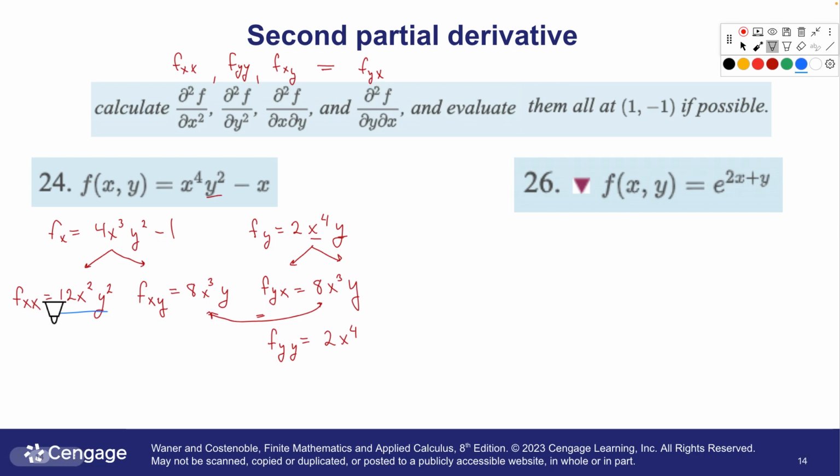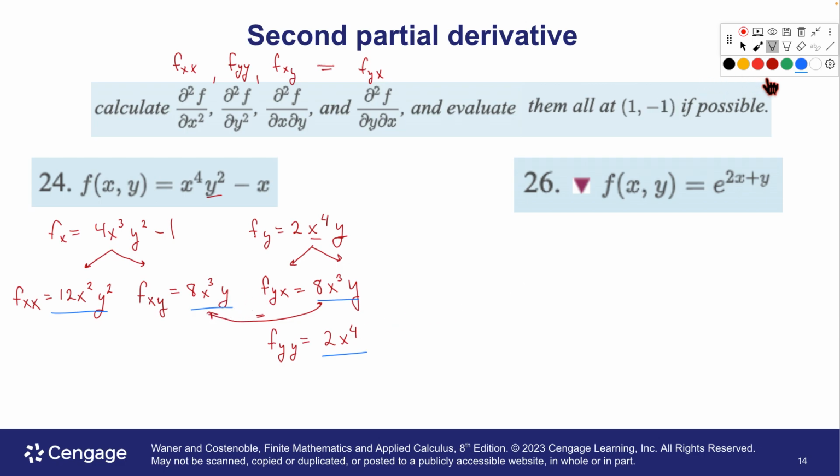Derivative of x with respect to x, derivative of x with respect to y, derivative of y with respect to x. Those two end up being the same thing. And then the derivative of y with respect to y. And then if you want to, you could evaluate all of them at 1, -1. The homework will have you do that, but that's just plugging in +1 for x, -1 for y, and you'll come up with a number.